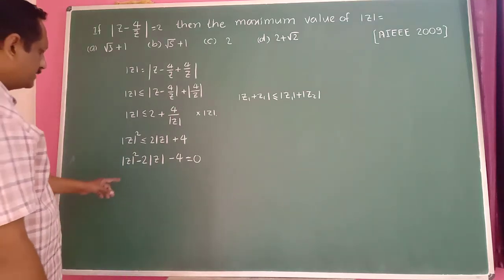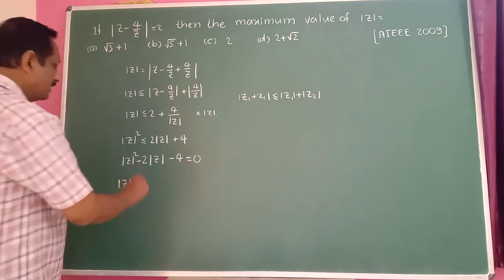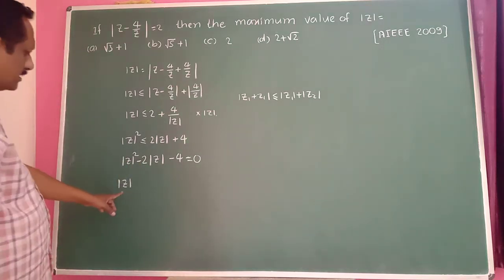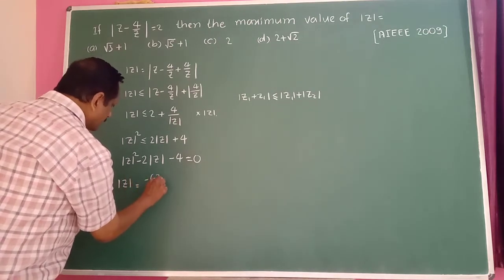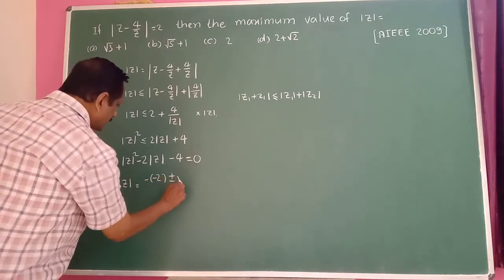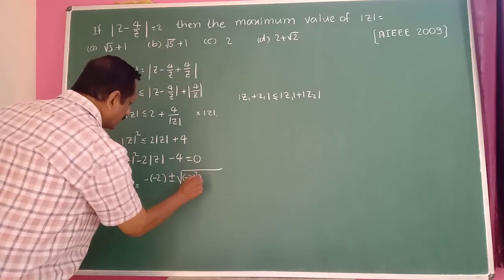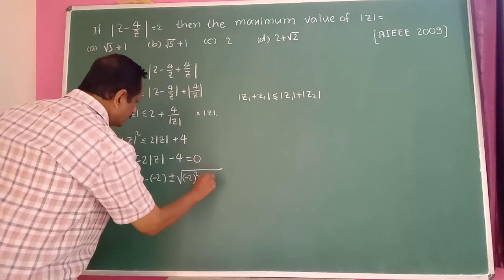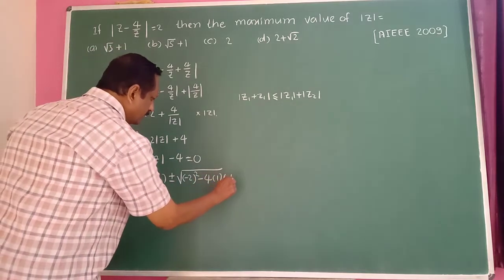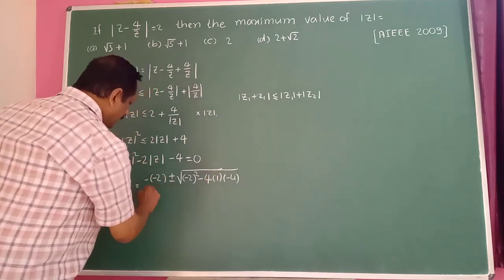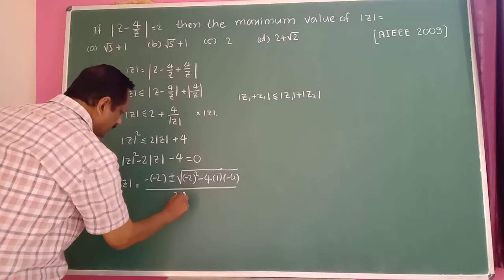Therefore, modulus of z is equal to, this is a quadratic equation, it's just like a quadratic equation. Therefore, modulus of z equal to minus of minus 2 plus or minus root of minus 2 square minus 4 into 1 into minus 4, divided by 2 into 1.